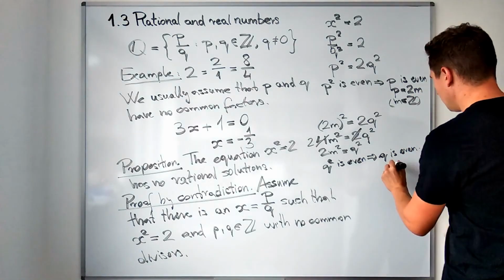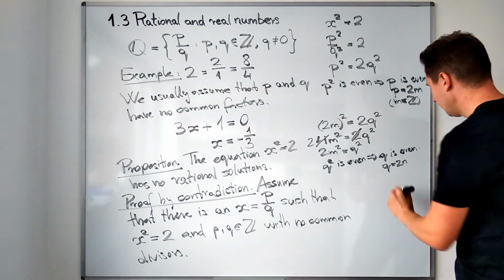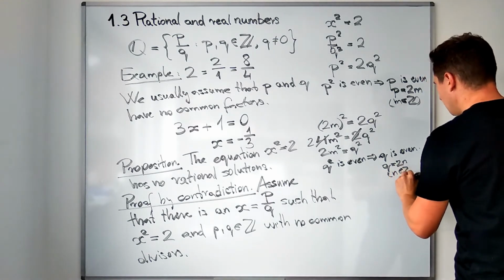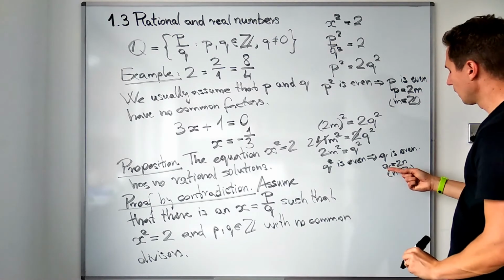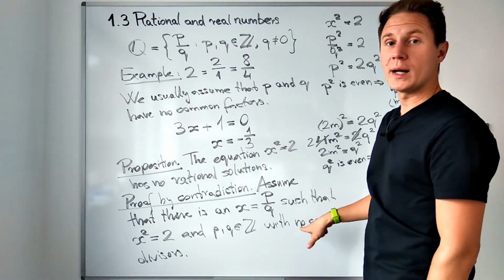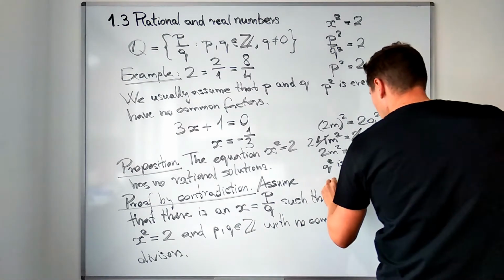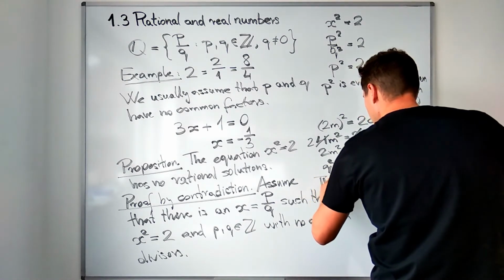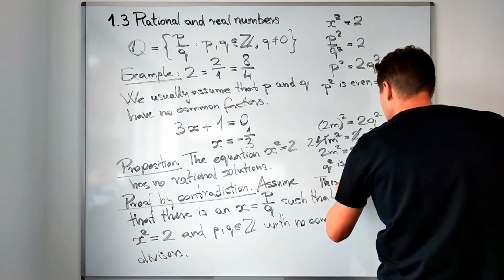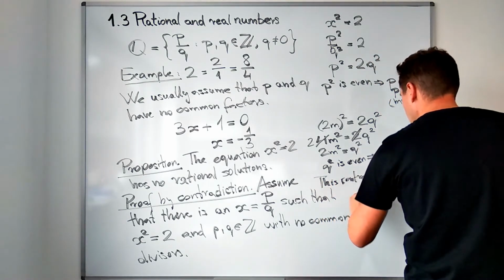So it could, for example, be twice some integer n. But that, of course, means that p and q have a common divisor, and that is the number 2. So this contradicts our assumption.